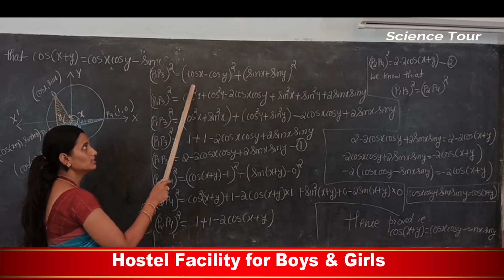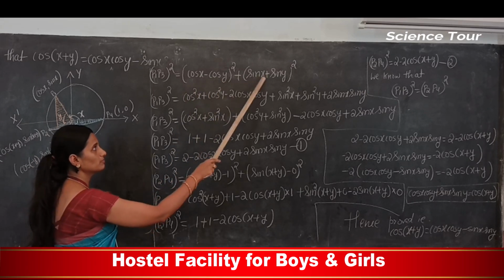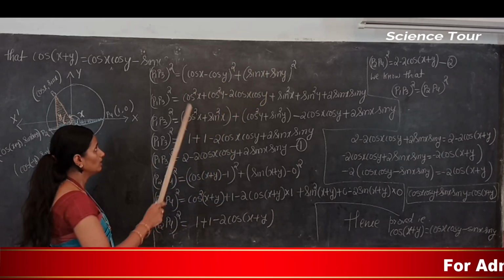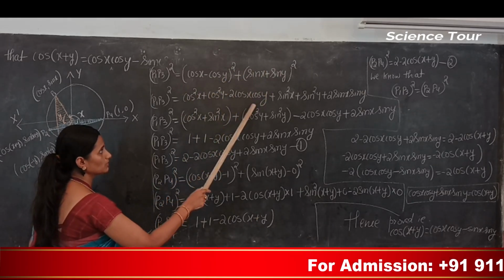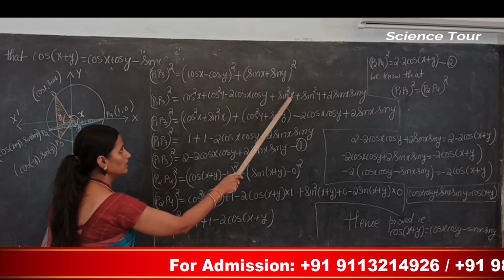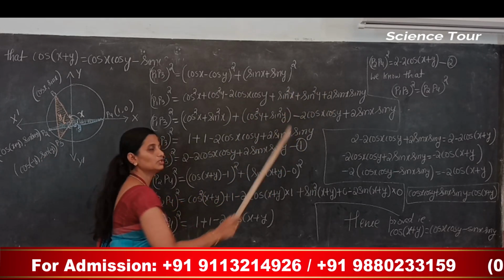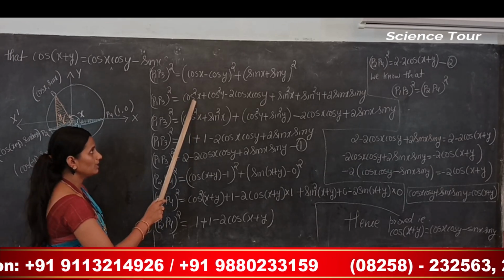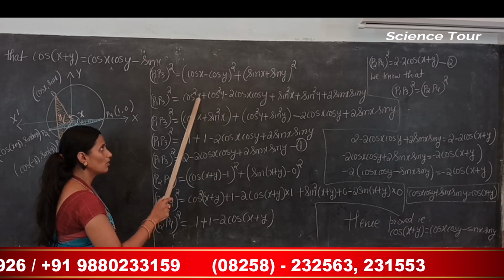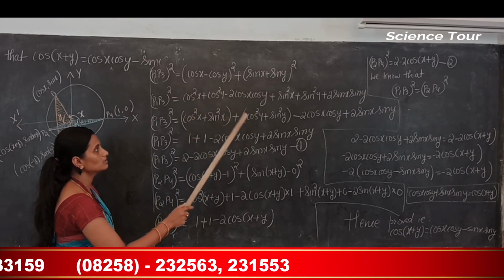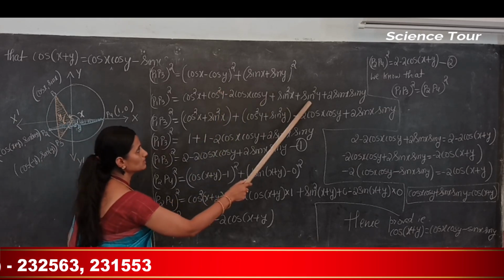How to simplify this? By using (a minus b) whole square plus (a plus b) whole square. So a square plus b square minus 2ab plus a square plus b square plus 2ab. So combining these identities, cos square x plus sin square x plus cos square y plus sin square y.